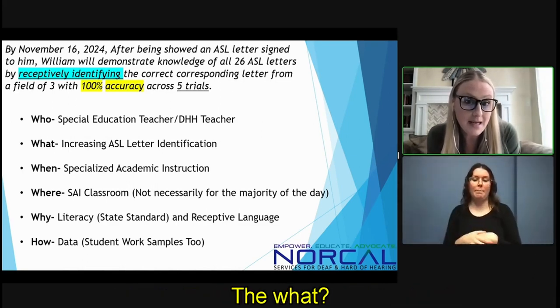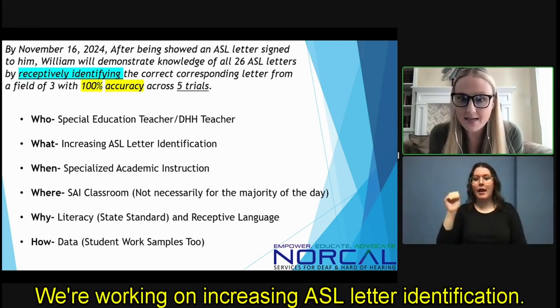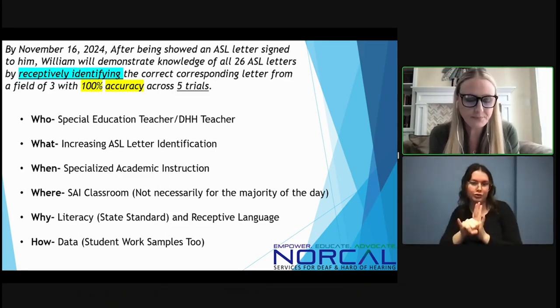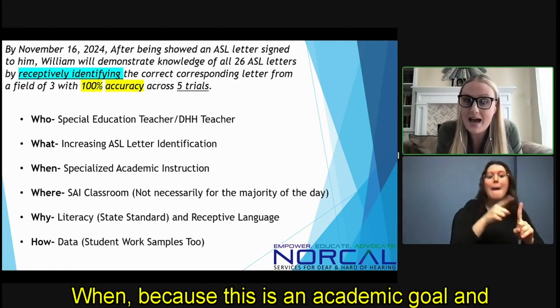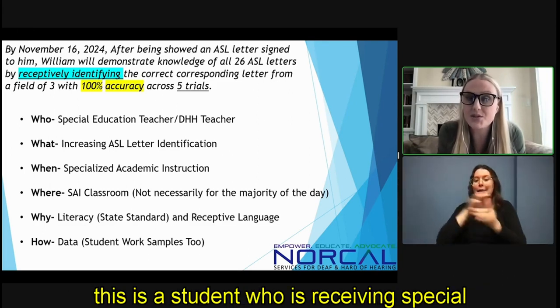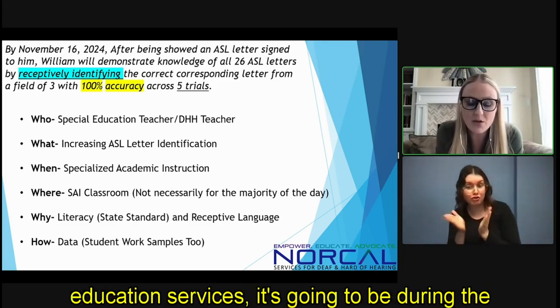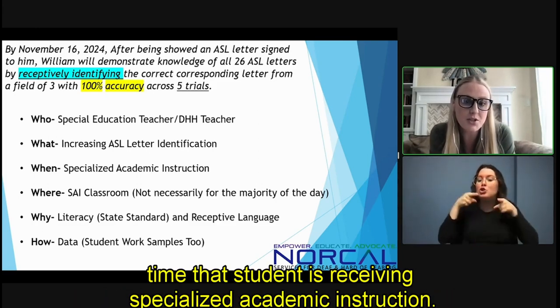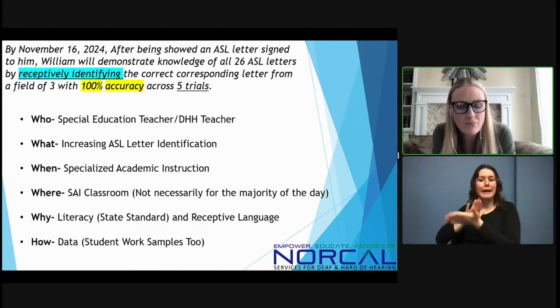The what, we're increasing a skill. We're working on increasing ASL letter identification. When, because this is an academic goal, and this is a student who is receiving special education services, it's going to be during the time that student is receiving specialized academic instruction.